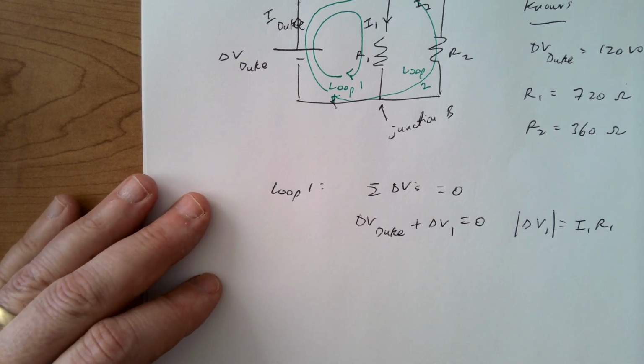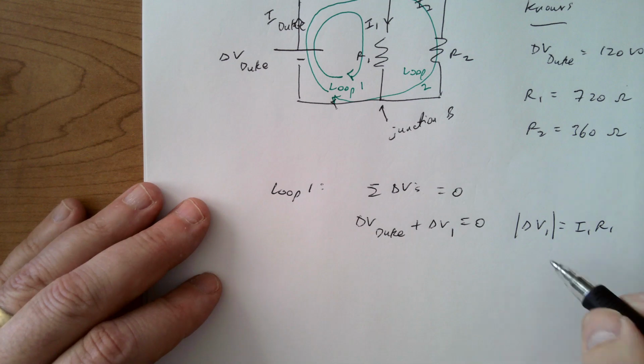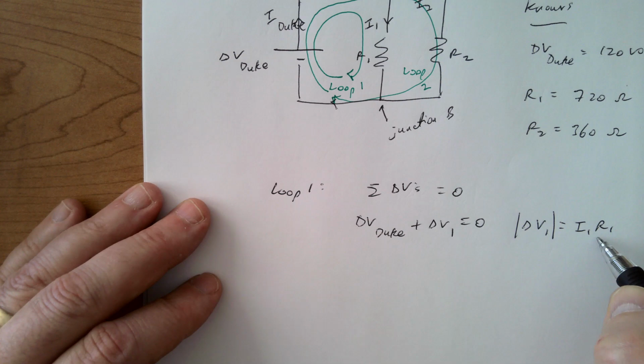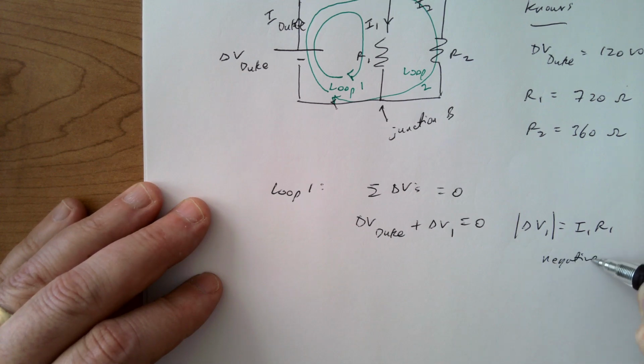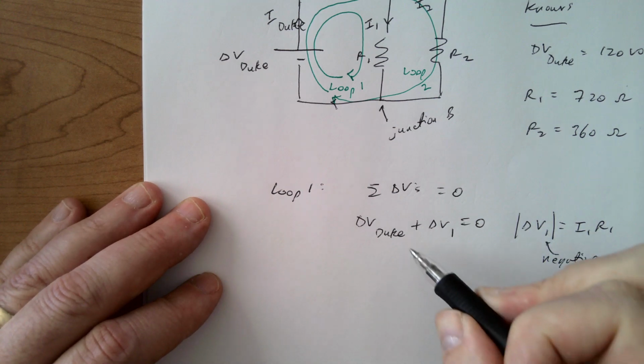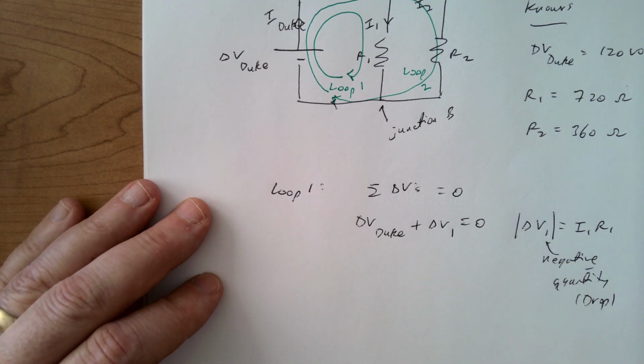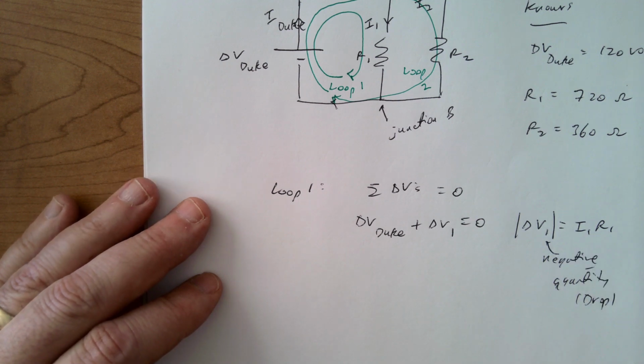Be careful with your plus and minus signs in the loop rule. Ohm's law tells us the magnitude of the voltage drop across a resistor, but because it's a drop, delta V will be a negative quantity. And therefore, when we do our math in the loop rule, we're going to have to put that minus sign in, because Ohm's law doesn't include the minus sign.